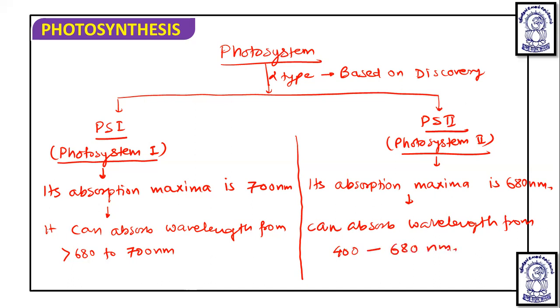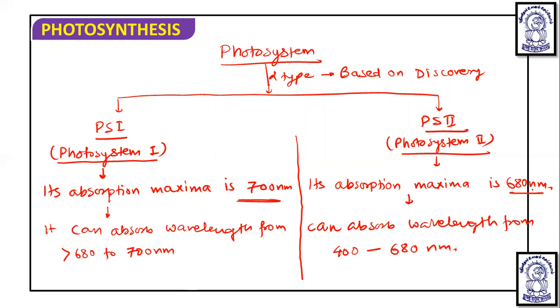Okay, so this is the absorption, and there is a difference in this absorption range. Its absorption maxima is 700 nanometer, meaning its reaction center chlorophyll gets excited at 700 nanometer, whereas in PS2 the absorption maxima is 680, meaning the chlorophyll at the reaction center is excited at 680 nanometer.